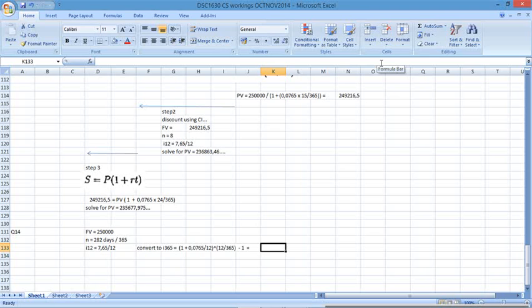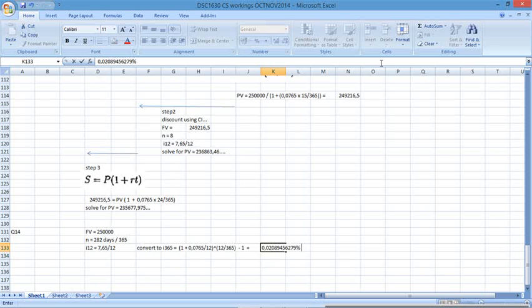Let's check that. 1 plus 0.0765 divided by 12, close bracket to the power 12 over 365, close that bracket, minus 1, times 100 gives me a percentage of 0.02894556279%.